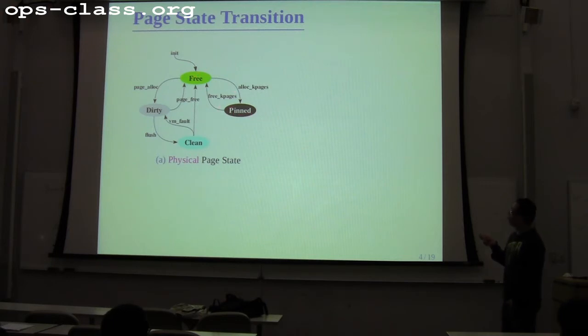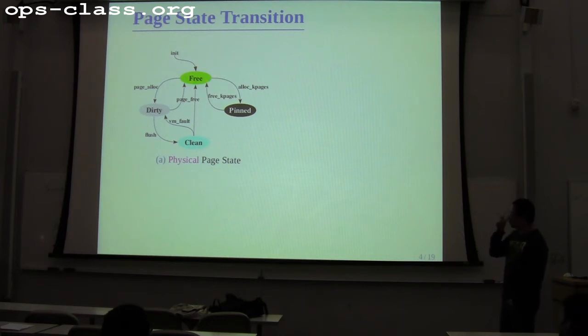We'll talk about why we need to pin kernel pages in memory later on. For now, you need to know that kernel pages have to be in memory and cannot be swapped out. And later on, when kfree calls free_kpages, this page status goes from pinned back to free, right? This is one loop. This is for kernel pages.